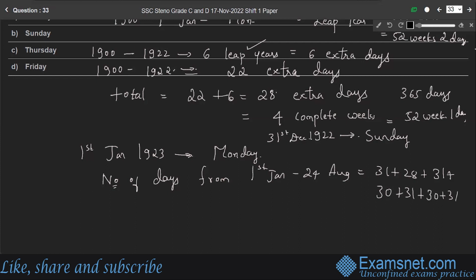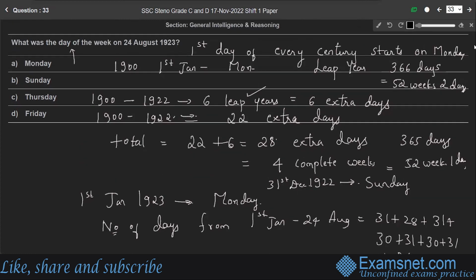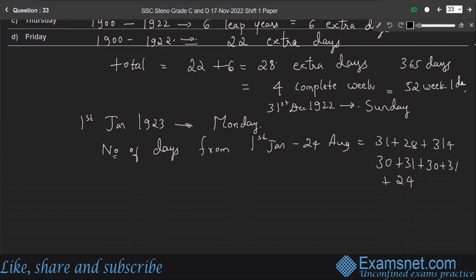And in the month of August, we are considering only 24 days. Yes, 24 days. So together it is 236.